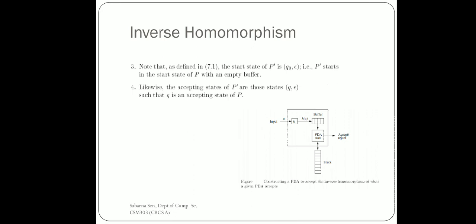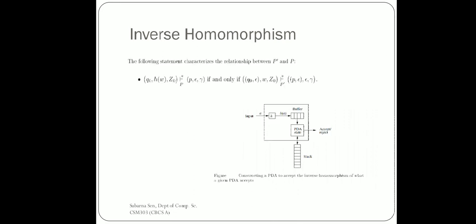In a more generalized form, it starts with the original start state q0 and applies the homomorphism function h of w, and if it can process this total string w and go to the accepting state ultimately, then this will work.